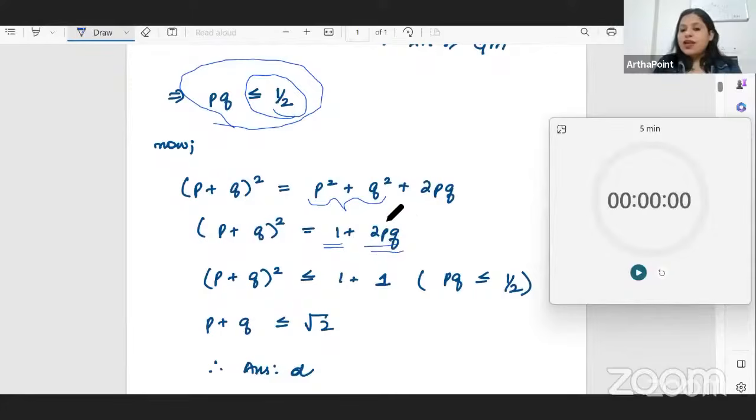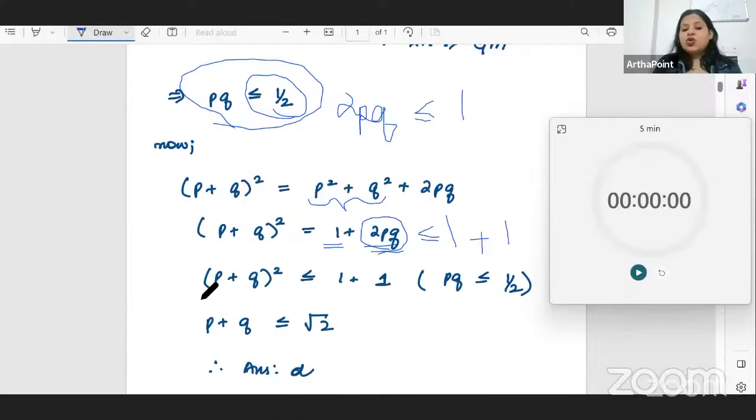So 2PQ will be less than or equal to 1. So that means this entire thing will be less than or equal to 1 plus 1. So this entire thing will be less than or equal to 2.